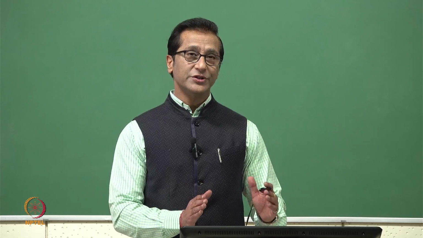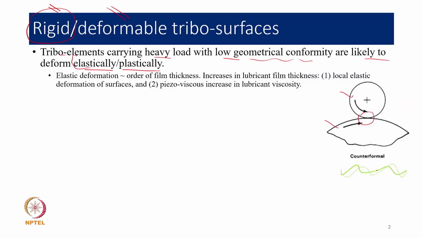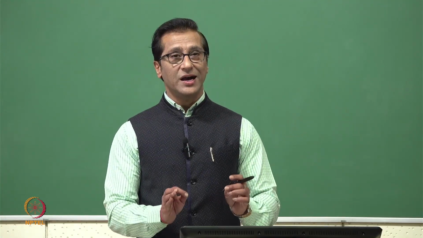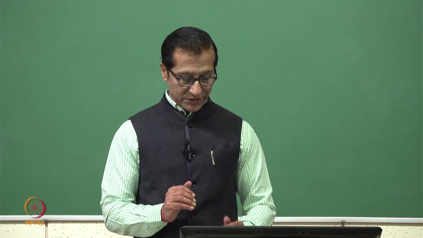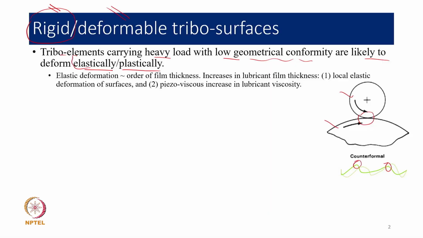What is going to change here is that the peaks are going to deform elastically. This is not a permanent deformation. Under load, at that instant, it will elastically deform and give us some space. So if this surface gets elastically deformed, what will happen?